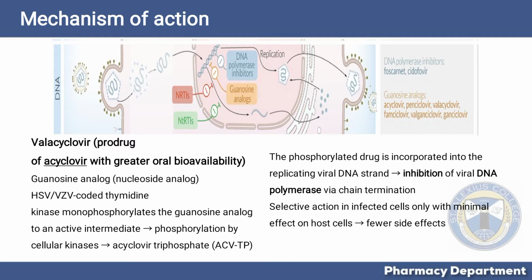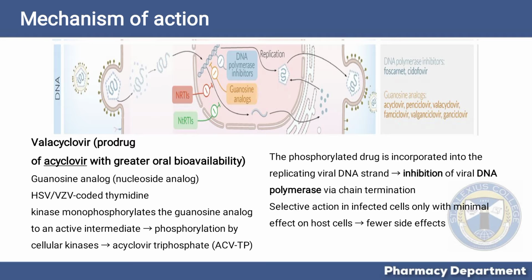So after the activation into its triphosphate form, first, it acts as a substrate for viral DNA polymerase because it resembles the nucleotides that normally interact with the DNA polymerase.